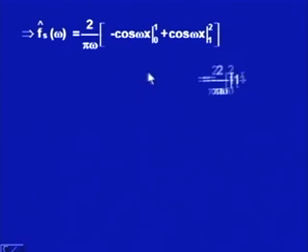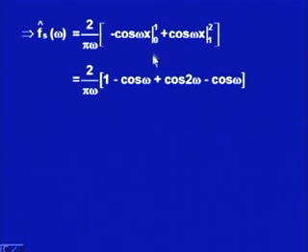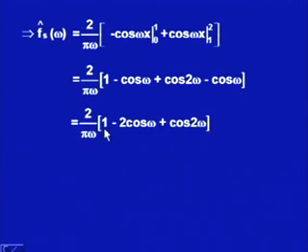Now evaluate it, 2 upon pi omega, cos, first it is minus sign, so first I am taking 0, cos 0 is 1, at x equal to 1 it is minus cos omega, then cos 2 omega minus cos omega. So what we have got finally is 2 upon pi omega times 1 minus 2 cos omega plus cos 2 omega. This is our Fourier sine transform of the given function.